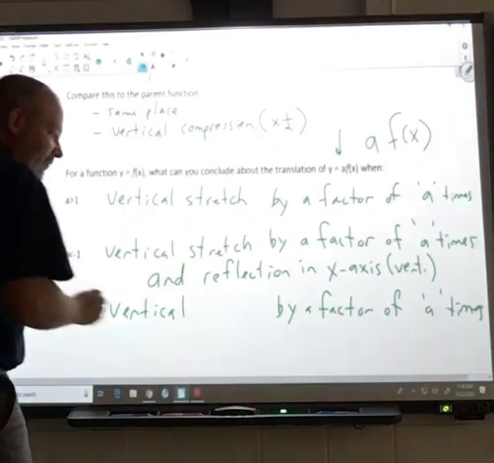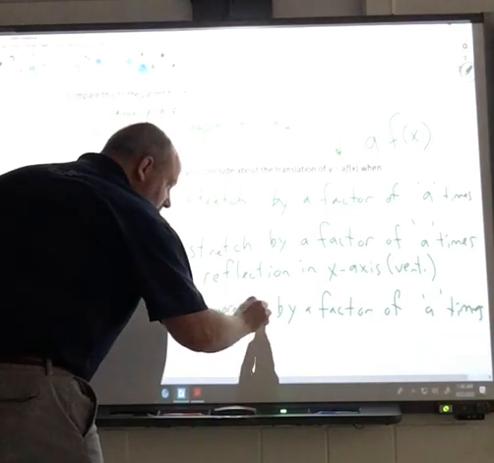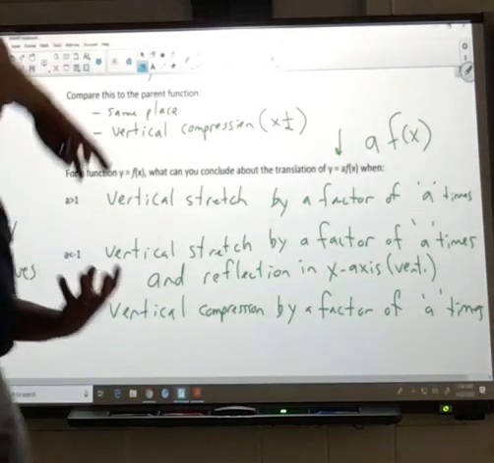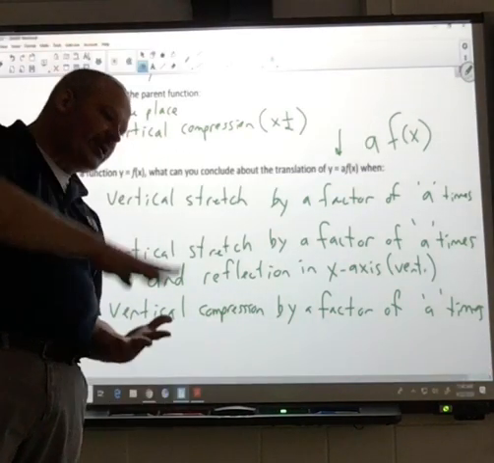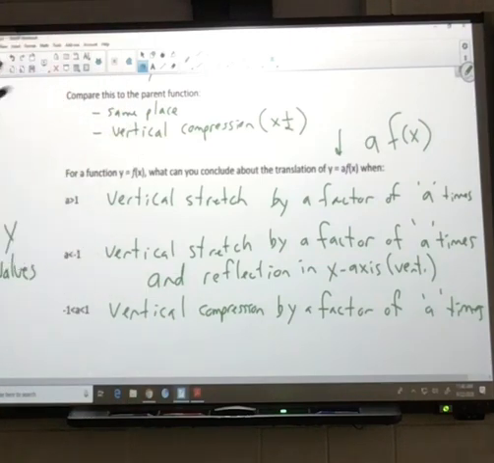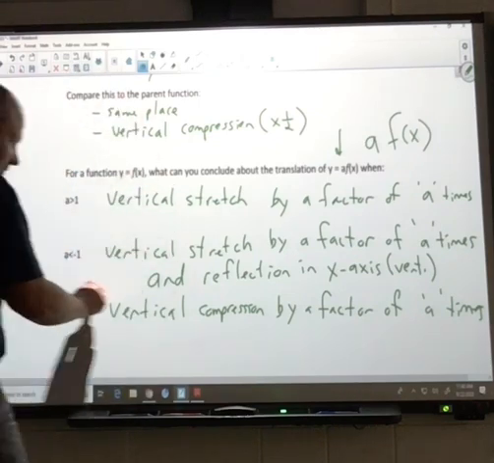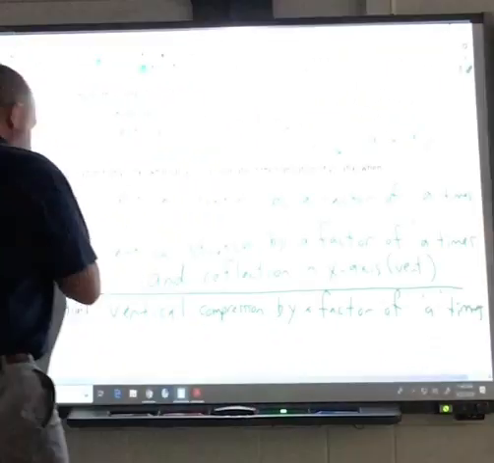But what we have to say is it's going to be a compression. So it's not going to get taller or stretch, it's going to get squished. But it's still vertically taking the y values and doubling or tripling or halving or whatever. Whatever the a value is, it does it to the y values by multiplying. And the nice thing is we're going to leave the a the same way.